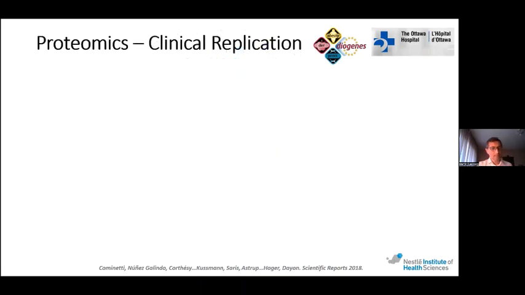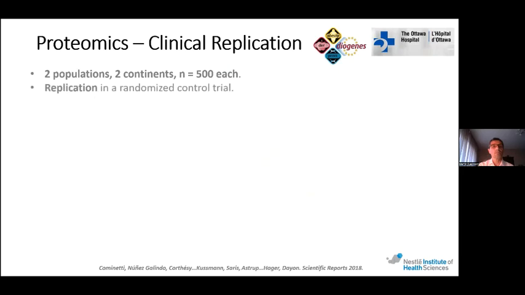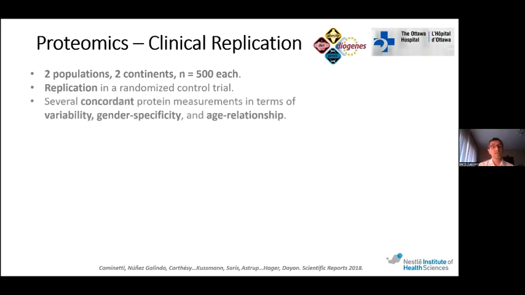So I come to the wrap-up of my talk. We had here 2 populations under investigation on 2 different continents, with about 500 participants in each cohort. We replicated the findings of the European study in a randomized control trial, and that was at the time absolutely new. We found several concordant protein measurements in terms of variability, gender specificity, and age relationship.